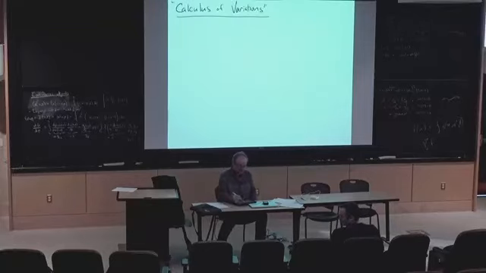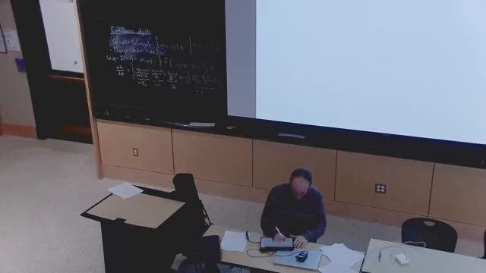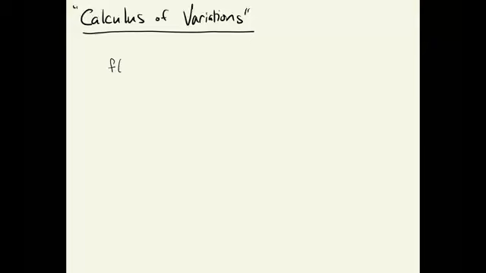Calculus of variations, but all it really is the same idea of derivatives, where we're going to have f of u plus du minus f of u. That's our df. It's going to be, I'm going to call it f prime of u du.